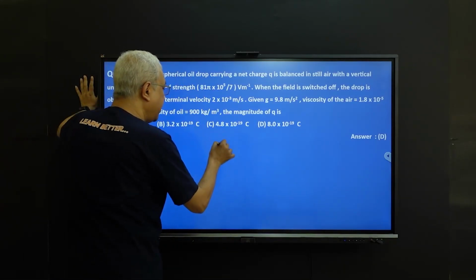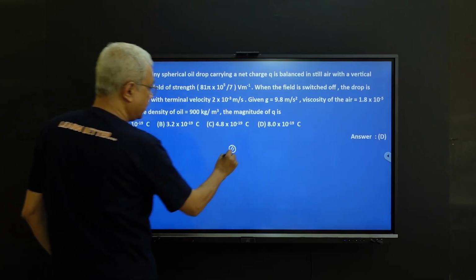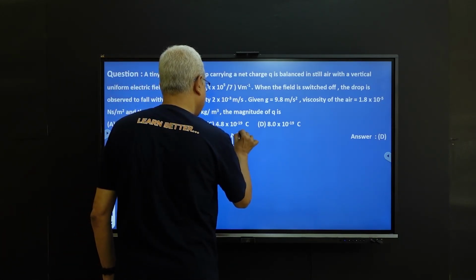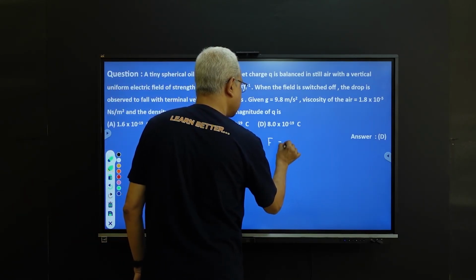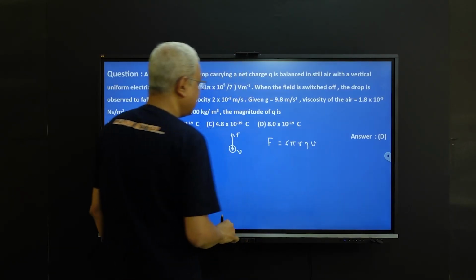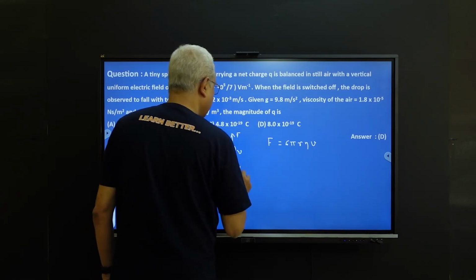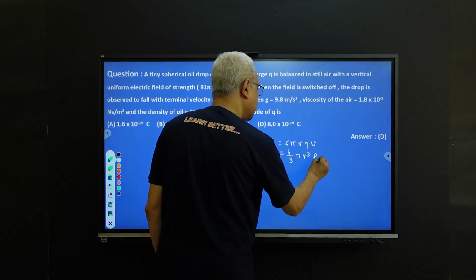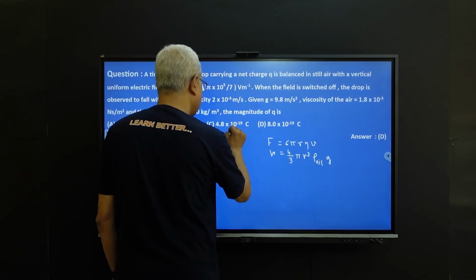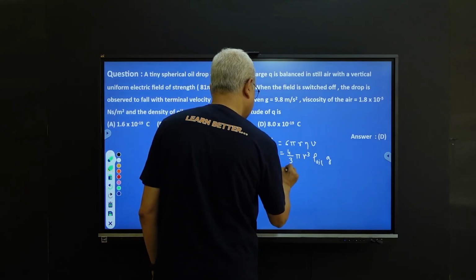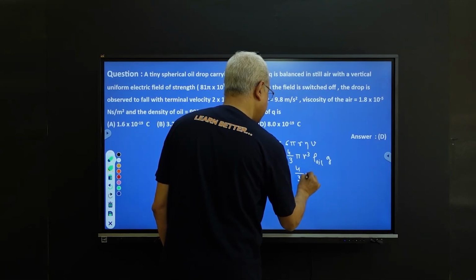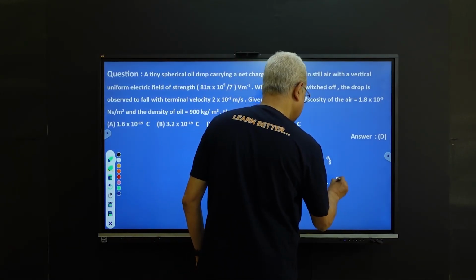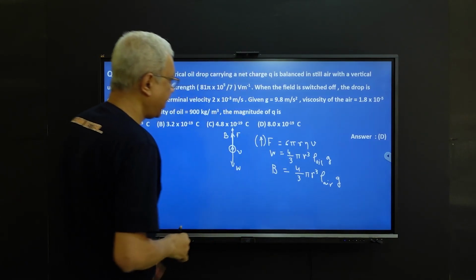That means when the oil drop is moving with terminal velocity small v, the net viscous force acting on the oil drop in the upward direction is actually 6 pi r eta v, and the weight of the oil drop is actually 4/3 pi r cube rho oil into g, and there is a buoyant force acting on the oil drop in the upward direction, which is also equal to 4/3 pi r cube, which is the volume of the displaced air, then rho air into g.